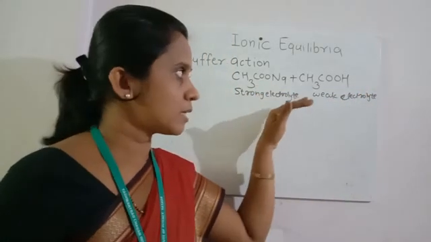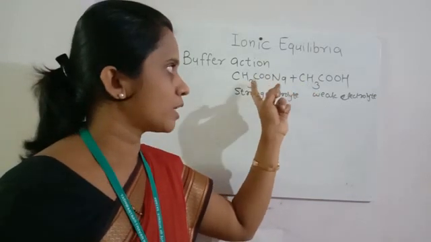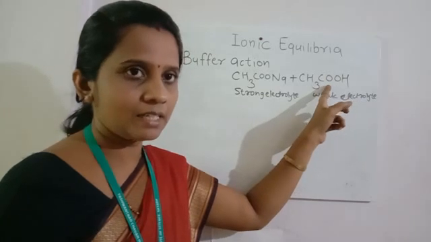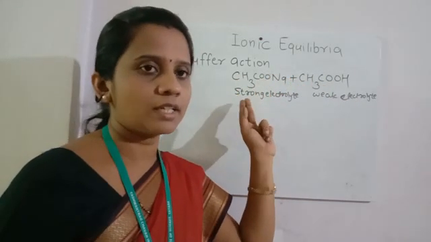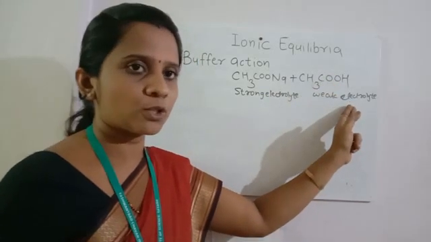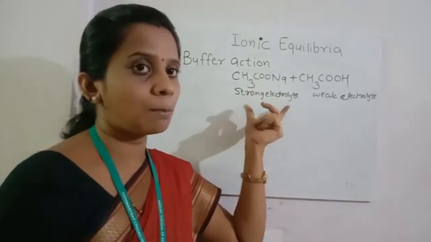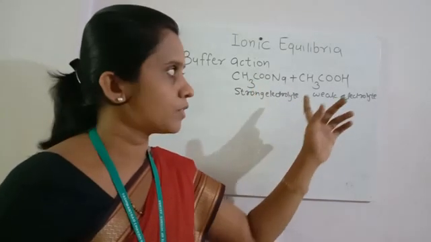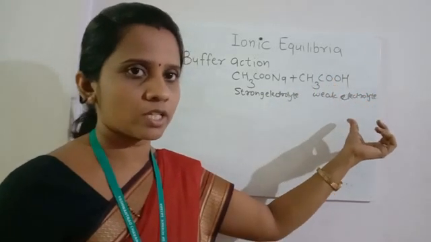Remember step by step the whole process. Acidic buffer solution, sodium acetate plus acetic acid. Among these two, sodium acetate is what? It is a strong electrolyte, and acetic acid is weak electrolyte. So for strong electrolyte there will be complete dissociation in water, and for weak electrolyte there is partial dissociation.